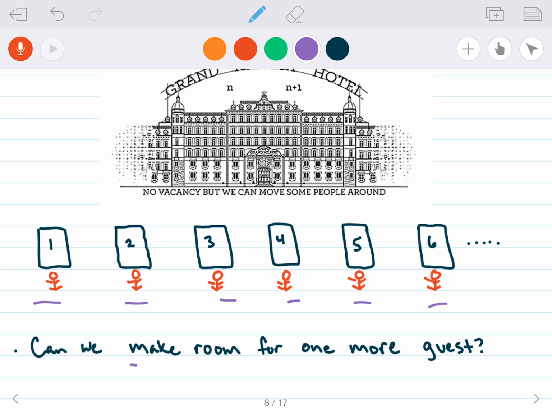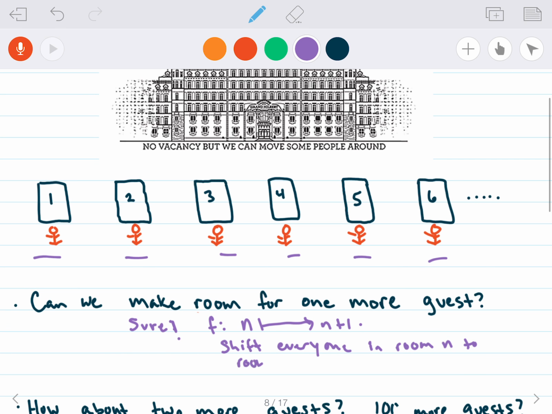This is an infinite hotel, right? And then room 1, in effect, is open for the new guest that comes in.